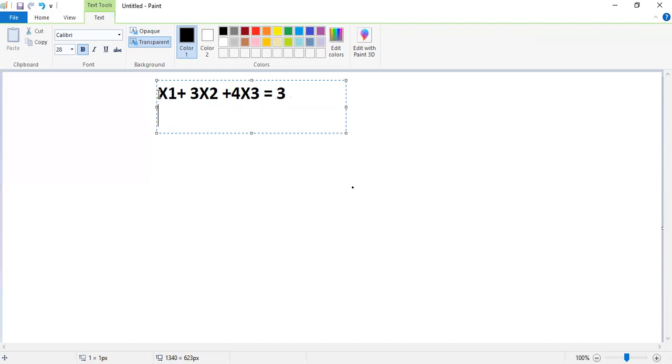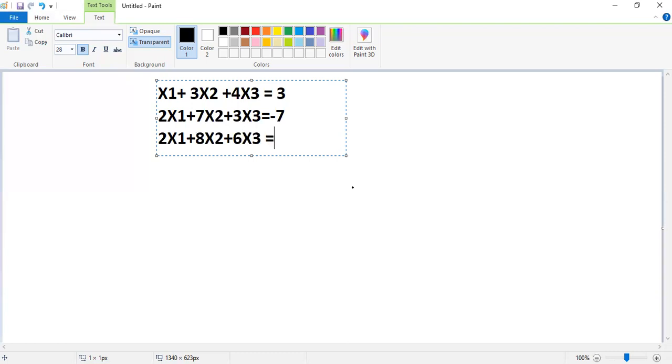Then we have 2x1 plus 7x2 plus 3x3 is equal to -7. Then we have 2x1 plus 8x2 plus 6x3 is equal to -4. So let's say these are the equations that we'll be working on in this session.